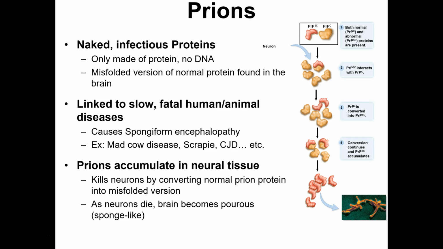So these guys are still kind of weird because we don't know where they come from. We don't know how they're spread. We do know they're really durable. We know that in many cases prions can survive autoclaves. So we've taken a long, hard look at surgical sterilization protocols because we know prions can survive a lot of our sterilization techniques.